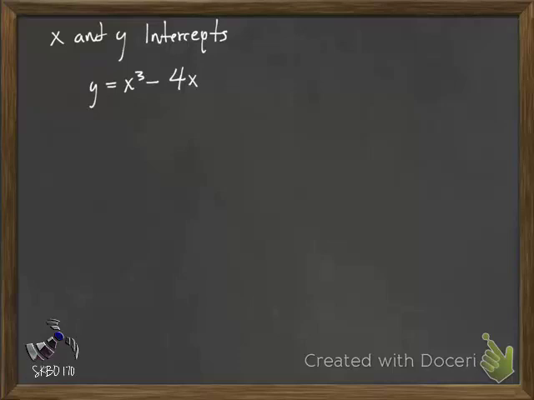Okay, whenever we have to find the x and y intercepts of an equation, this is a nonlinear equation, we can do something special to get those values. It's important to keep in mind what I am about to tell you.